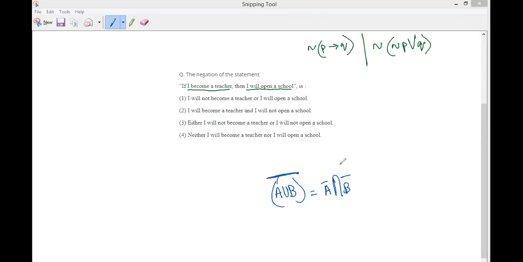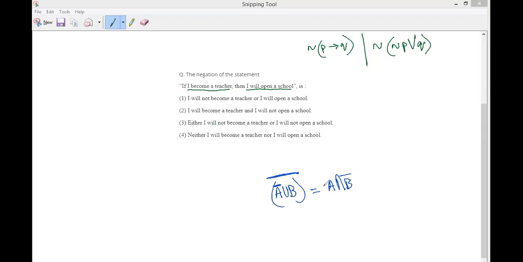Now the same properties, exactly the same properties, you can use for statements also. One more example. ये क्या होगा? ये तो डी मॉर्गन से बोल रहे, हाँ, डी मॉर्गन. ये क्या होगा? It will be A intersection B complement. ठीक है.